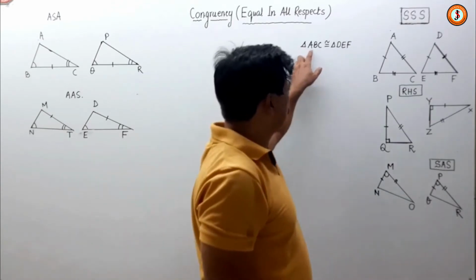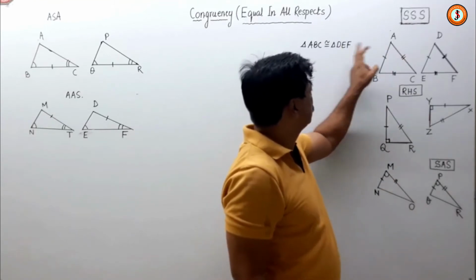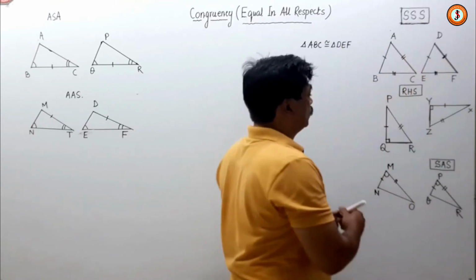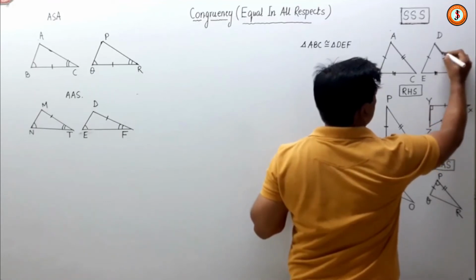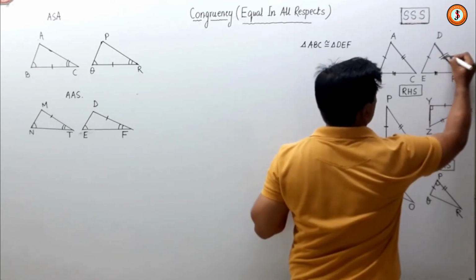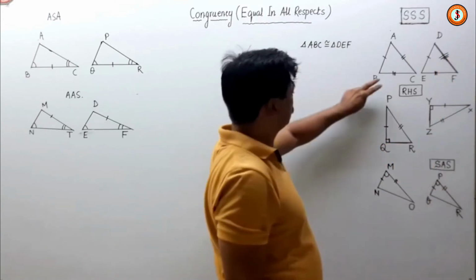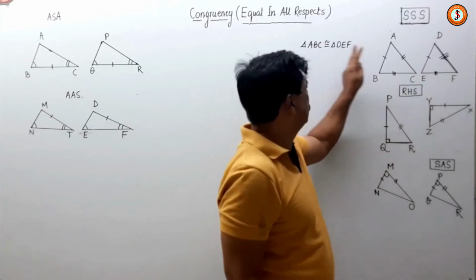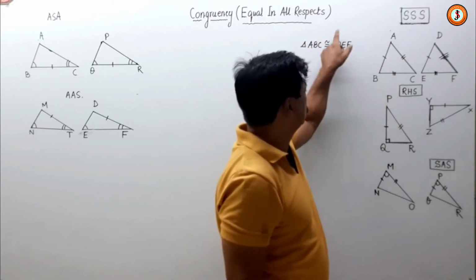See, A vertex is between 1 dash and 2 dash. These two are equal sides. So D vertex is between 1 dash and 2 dash. Remember this. Now BC is 3 dash, so EF is 3 dash. AC is 2 dash, so DF is 2 dash.